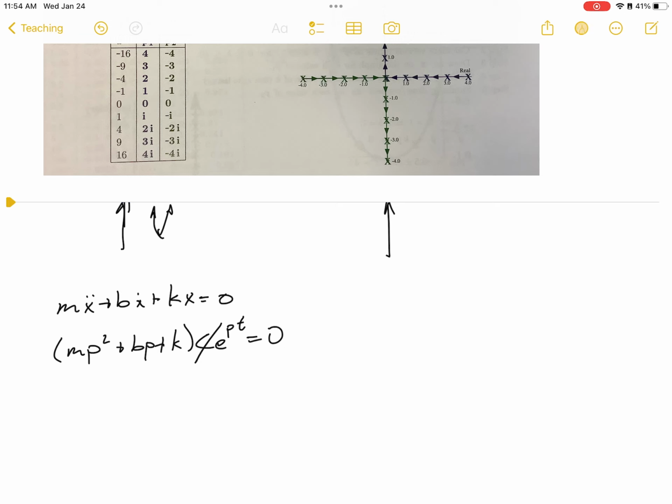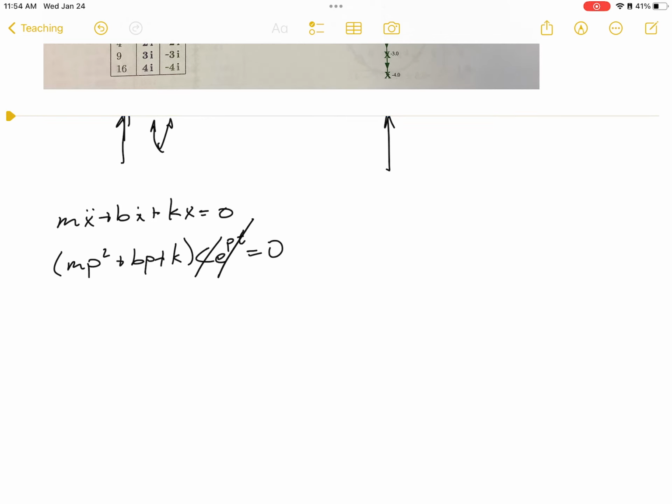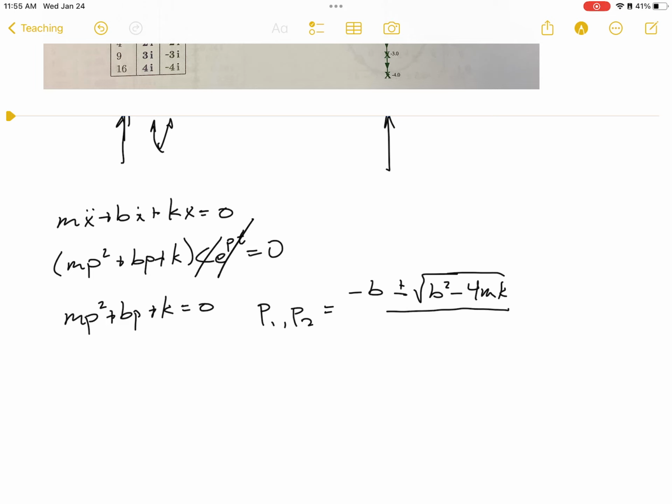C is not 0, and e to the pt is never 0, so we're left with our characteristic equation, m p squared plus b p plus k equals 0. Using the quadratic formula, you know that p1 and p2 are negative b plus or minus the square root of b squared minus 4 times m times k, over 2m.